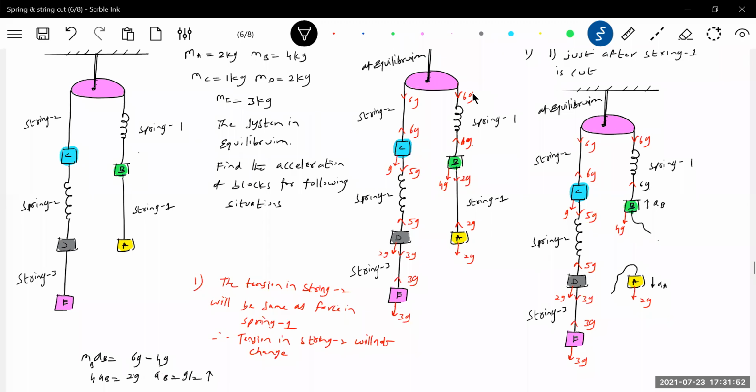What about C? Acceleration of block C. Block B is having acceleration, after some time it starts moving. But we are talking about just after it is cut. So what happens to C? The tension will not change. The weight of block C will be the same as usual, 10 Newton will act. The spring force will not change. So C will be at rest.